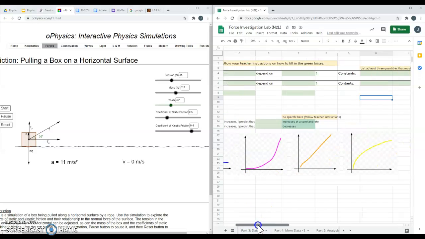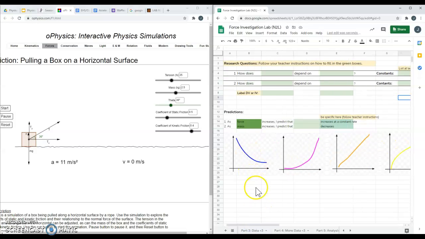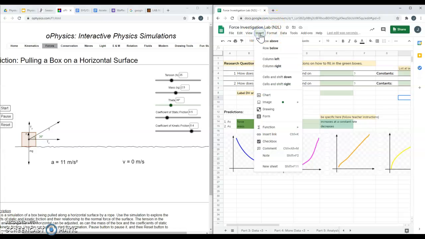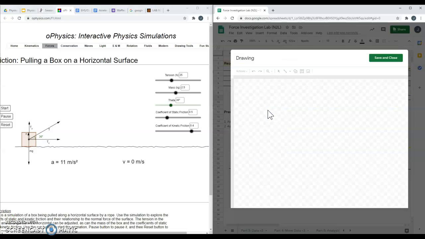And what I'd like you to do is to draw a picture. There are pictures down here that give you an example of different data relationships, but I'd like you to draw your own. You can do that by going to the Insert tab at the top of our Google Sheet bar and inserting a drawing.